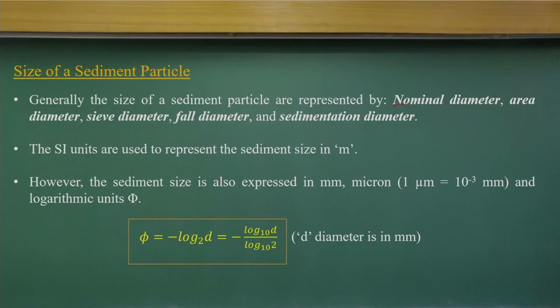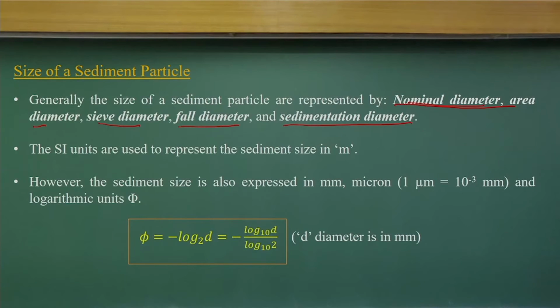That's the reason we define different diameters, like area diameters, nominal diameters, sieve diameters, fall diameters, and sedimentation diameters. You cannot have a sediment with a uniform size, and that is a natural process. So we will have mixtures of sediment particle sizes.